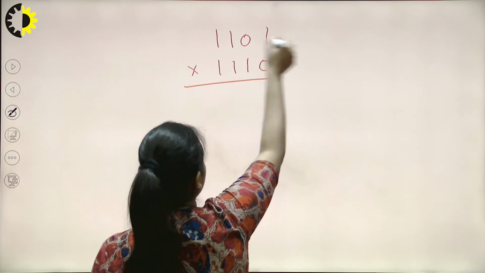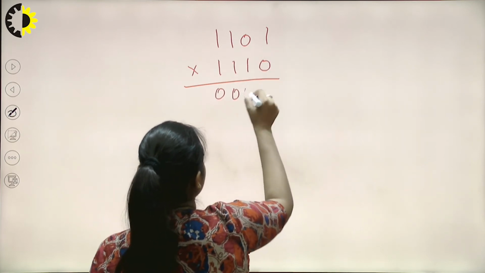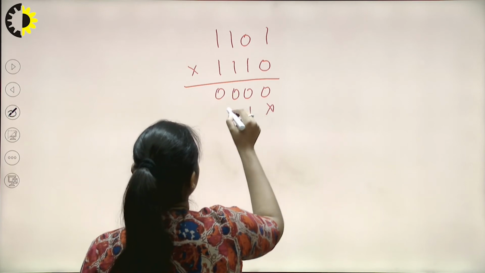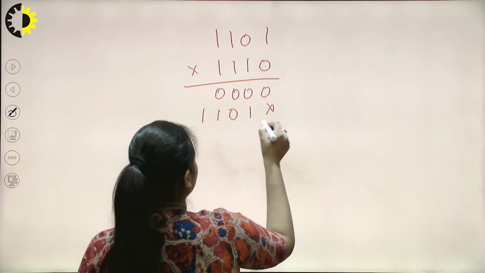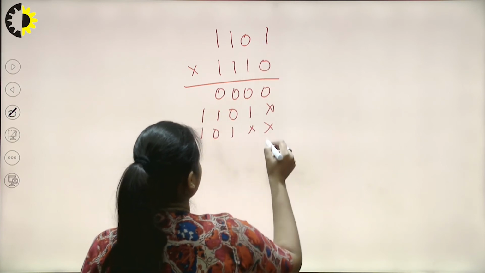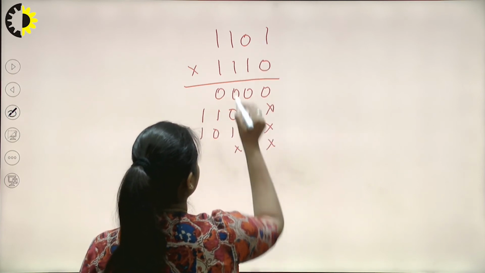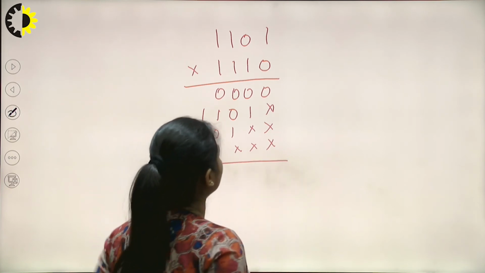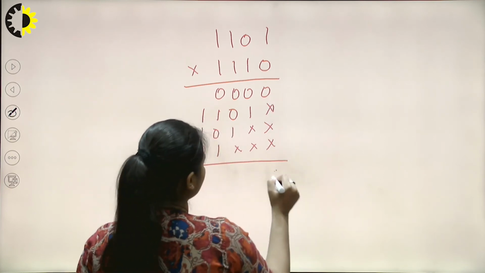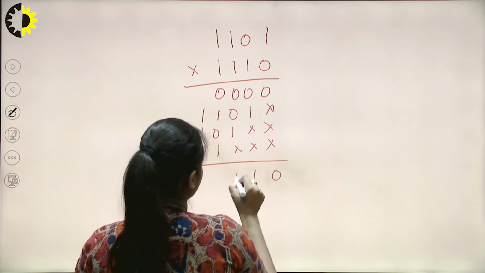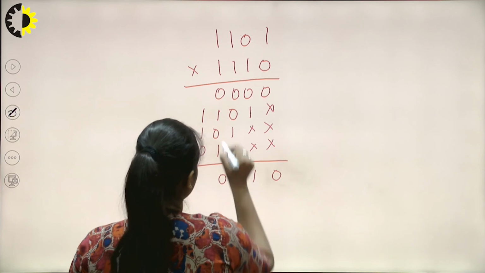So 0 multiplied by all the digits, we have the answer as 0. 1 multiplied with all the digits, again 1 multiplied by all the digits. We will add all the numbers like 0, 0, 1, 1, 1, 0 with carry 1.